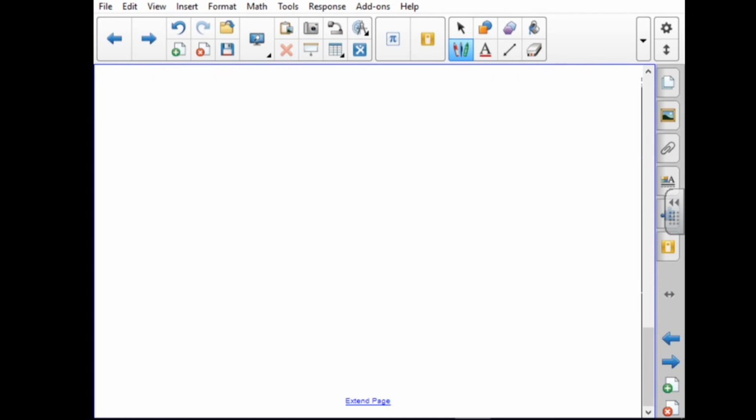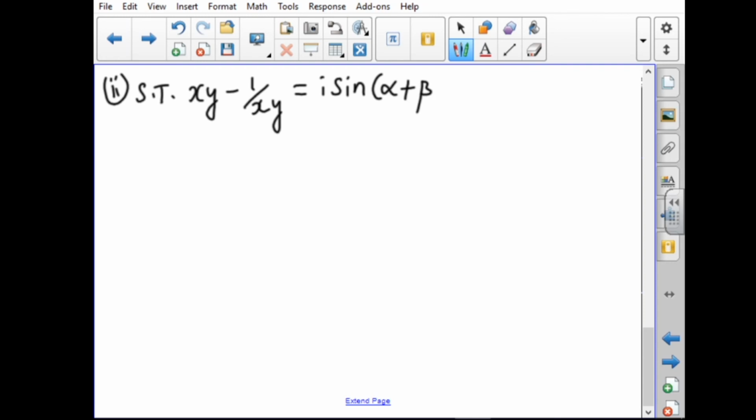Show that xy minus 1 by xy is equal to 2i sine of alpha plus beta. In the previous case, it was x by y. In this case, we have xy, a product of two complex numbers.